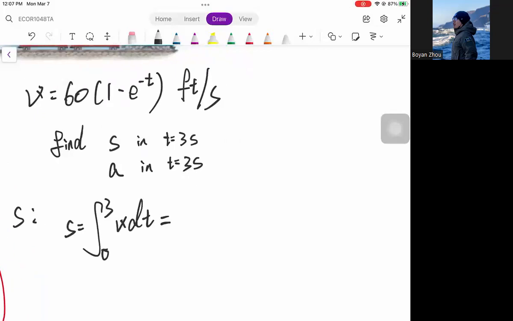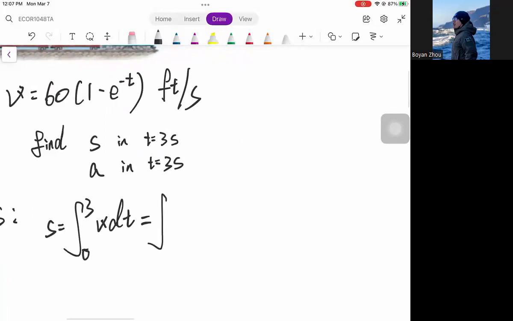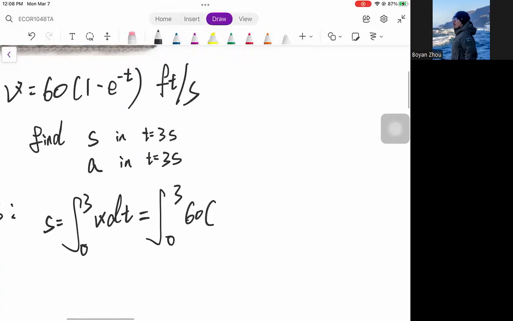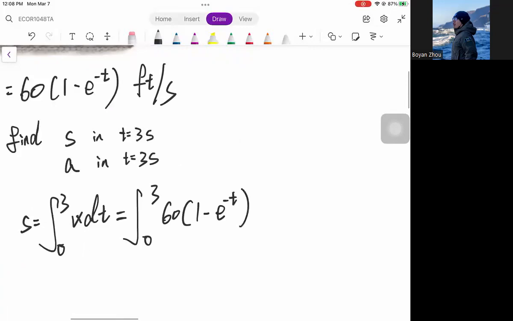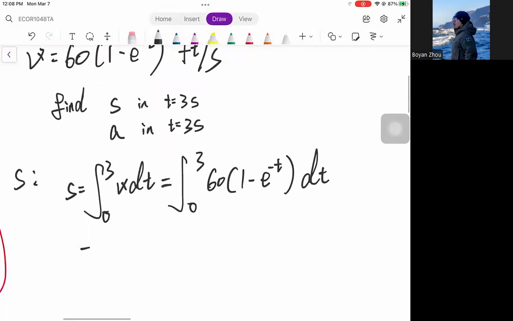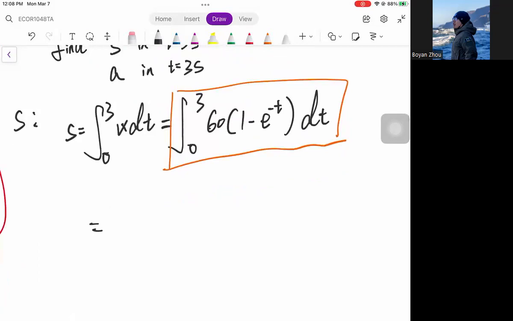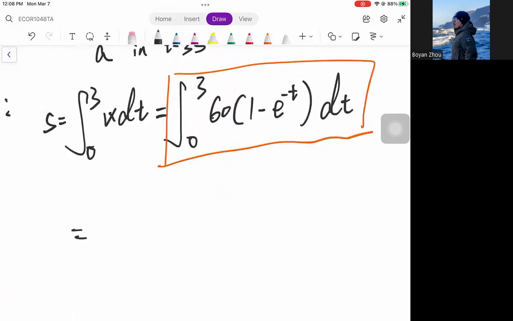And that is going to be equal to the integral of 60 times (1 minus e to the power of negative t) dt. So what we have to do here is solve the integral. I guess you know how to do that from last year, your math 104 class. For the math, I'm just going to do it very quickly.